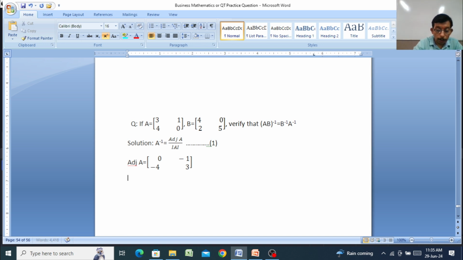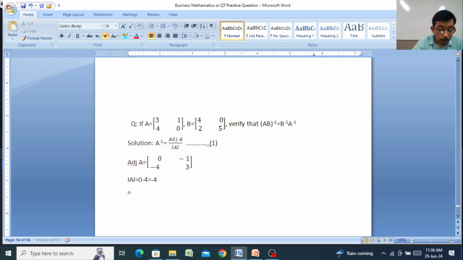Determinant of A is equal to, this is the 2 by 2 matrix, then the determinant is the difference of the cross multiplication of its elements, then 3 into 0, 0 minus 4 into 1 is 4, and the value of determinant is -4. It is clear? Put all the values in equation first.